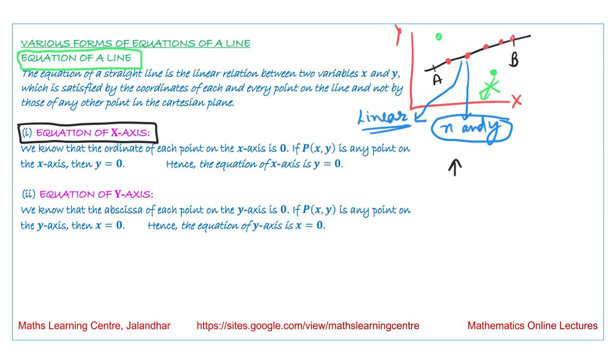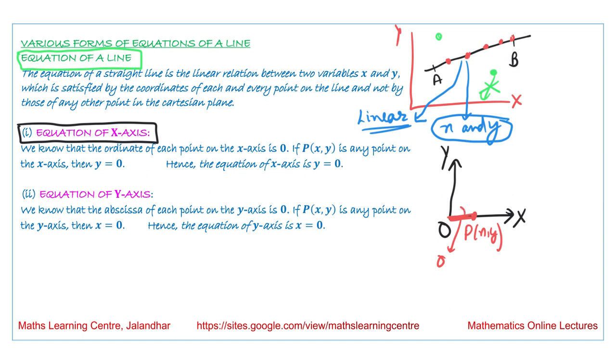So first we have the equation of the x axis. We have the x axis, the y axis, and the point O. Now suppose we take any point P(x, y) over here. We know that the slope of this line OP is 0.